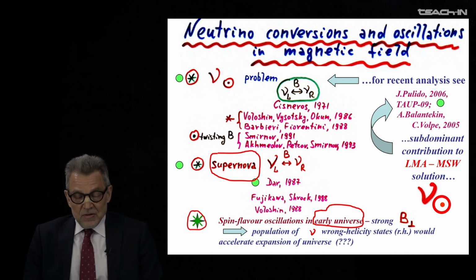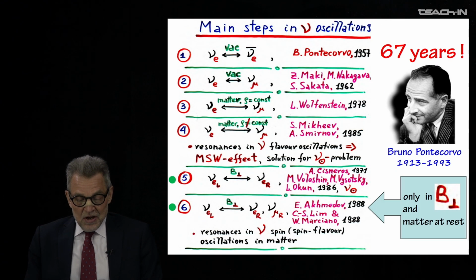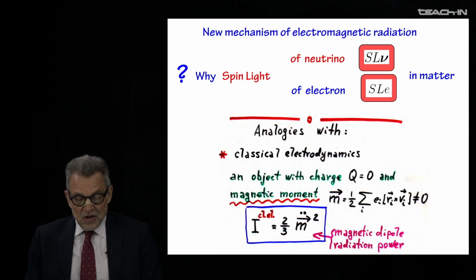Why am I speaking now about mixing and oscillations, spin oscillations? Because, discussing this particular matter at one of the conferences, I was asked: look, if there is a process where there is evolution of the neutrino magnetic moment, and recalling the analogy with the classical interpretation of these phenomena, that was a stimulus for us to invent the name spin light of neutrino.